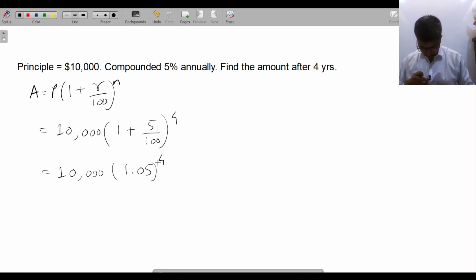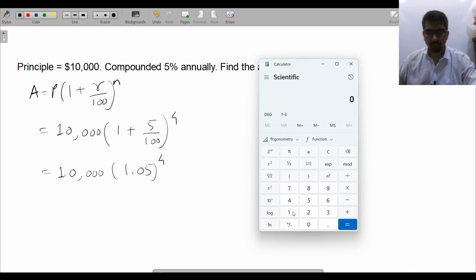Now we require the calculator. Let's use the calculator. $10,000 into 1.05 exponential 4. Something's wrong, but I'll find this value. Bracket 1.05 raised to 4.